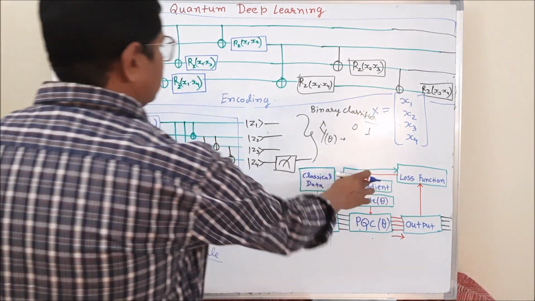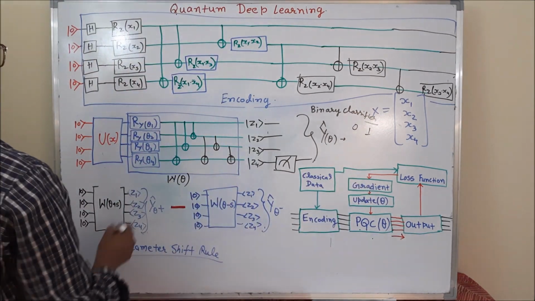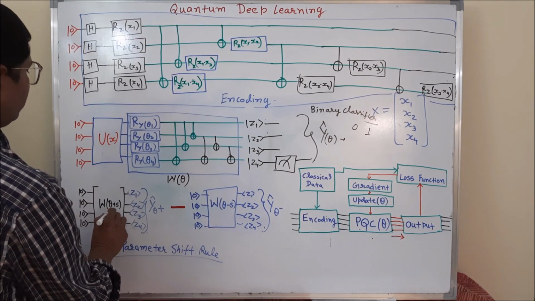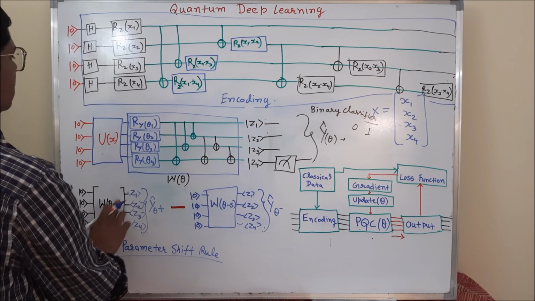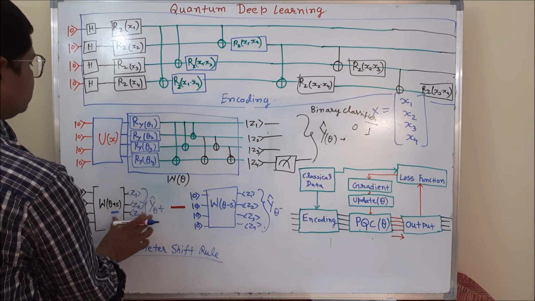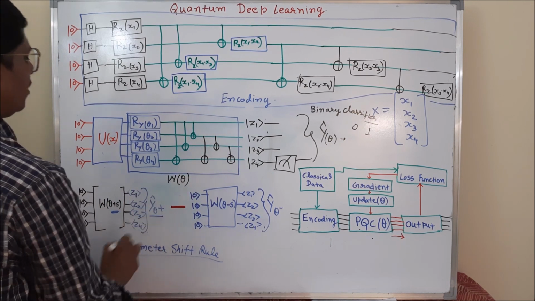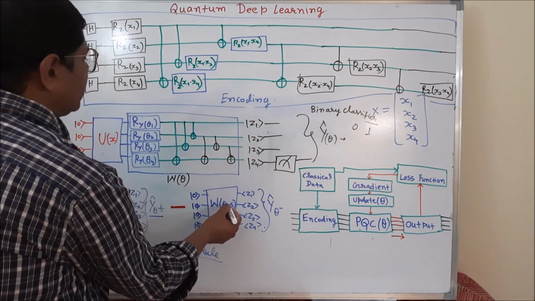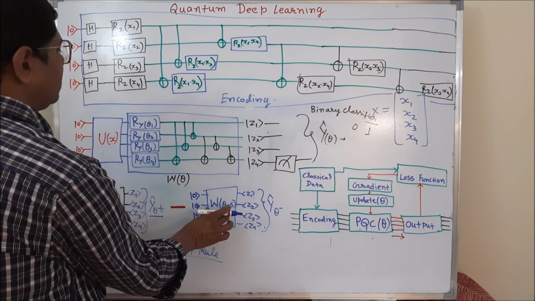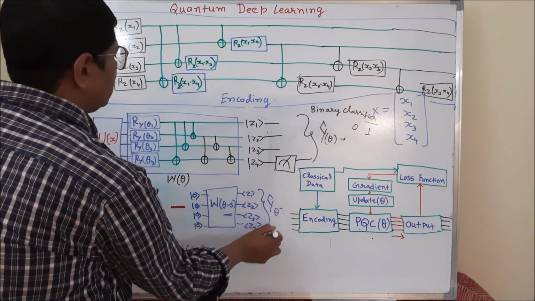Instead of taking the differentiation or the derivatives, we just add a small parameter s to this weight and compute the outcome, and again we subtract the small parameter s from this given parameter and compute the output.